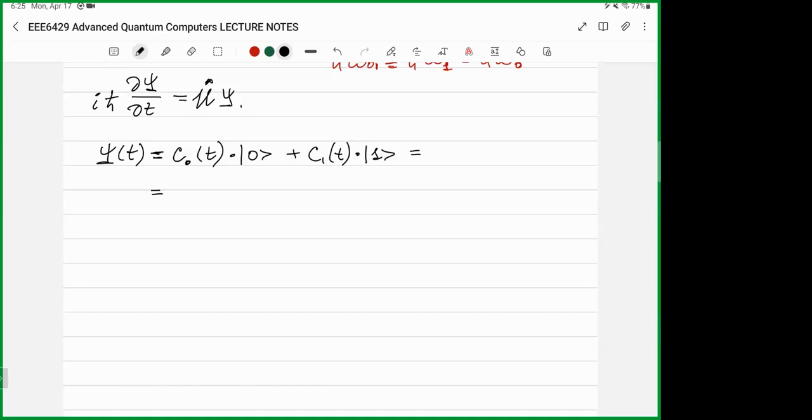So it will be c sub 0 of t, then I write the spatial part phi sub 0, and then the harmonic part e to the power of minus i omega 0 t.